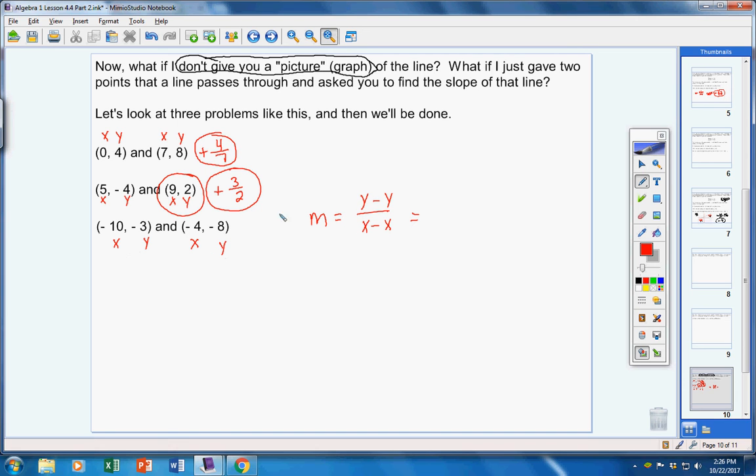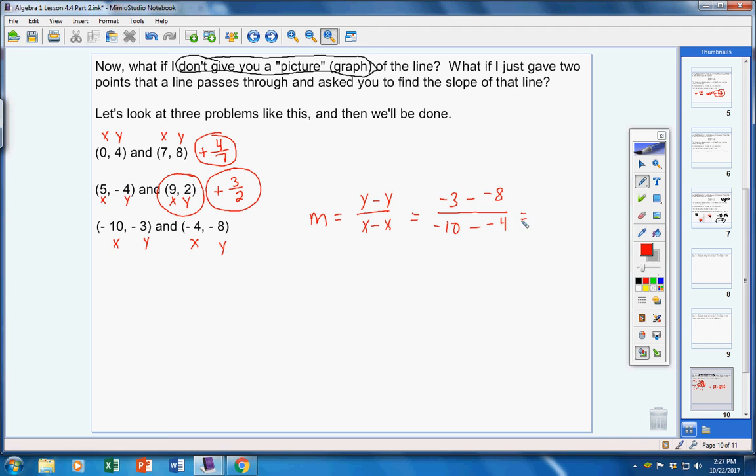My first point is y, so negative 3. Then minus, and my second y is negative 8. My first x is negative 10, then minus, and my second x is negative 4.